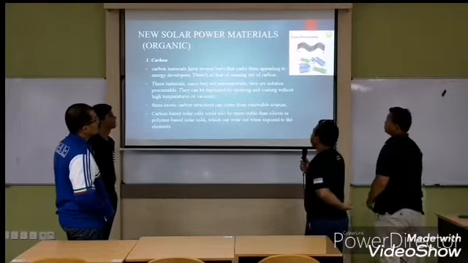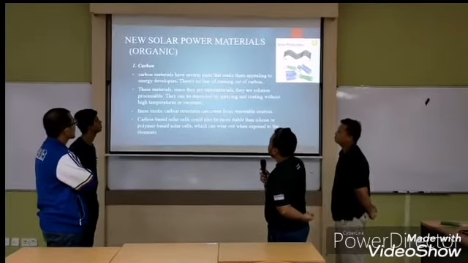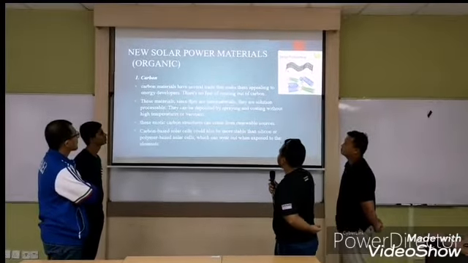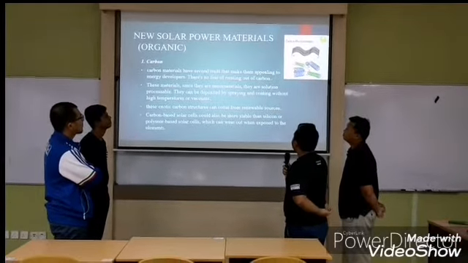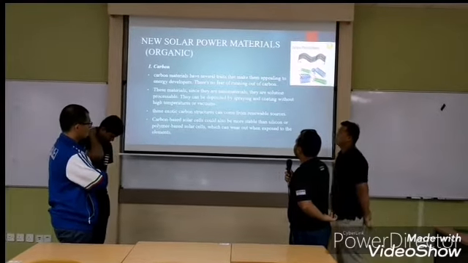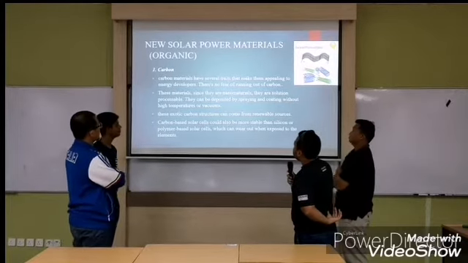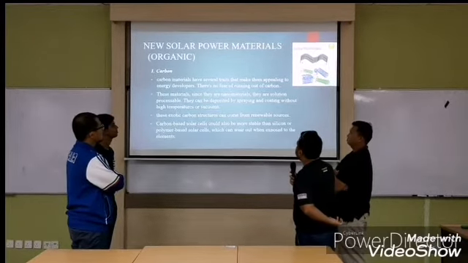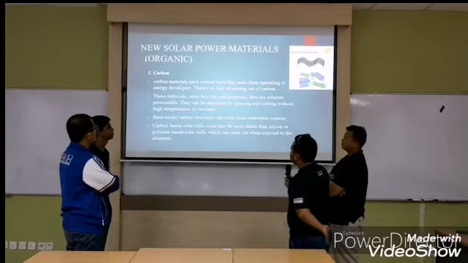New solar power material, organic. First is carbon. Carbon materials have several traits that make them appealing to energy developers. There's no fear of running out of carbon. Since these materials are nanomaterials, they are solution processable.